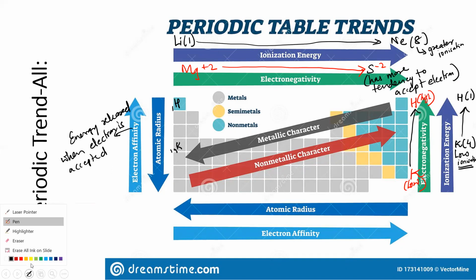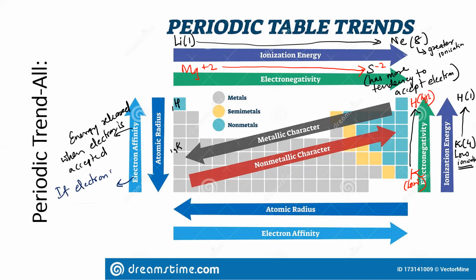So usually we say that if electronegativity is more, then affinity is also more. That's why it has a similar trend to electronegativity.